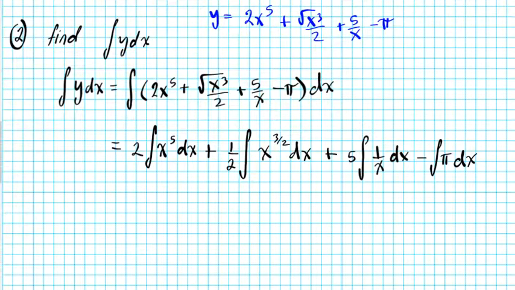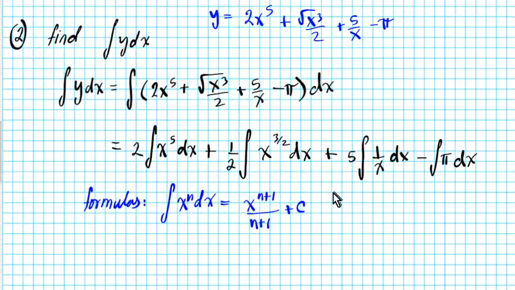So let's write down the formulas we're going to be using. Actually, there are 3 of them that we'll be using for this. So we have the integral of x to the n dx. The power rule is given by x to the n plus 1 over n plus 1 plus c. You also have the integral of 1/x. Do not use the power rule here. You end up with an undefined result.